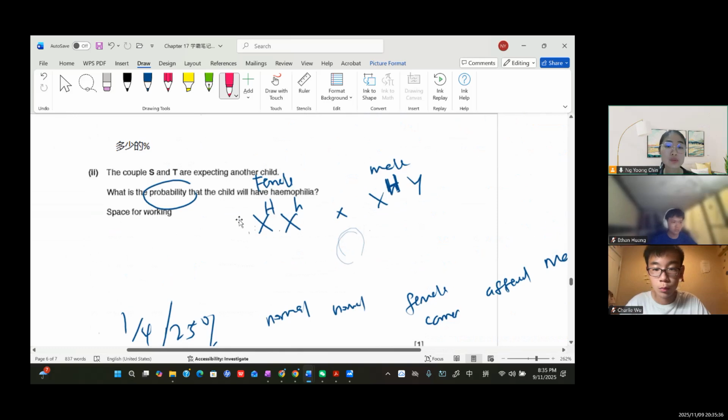So that's why you need to do the crossing. You have a female and a male. The female is a carrier, so she has one big H and one small h. The male is the normal one.